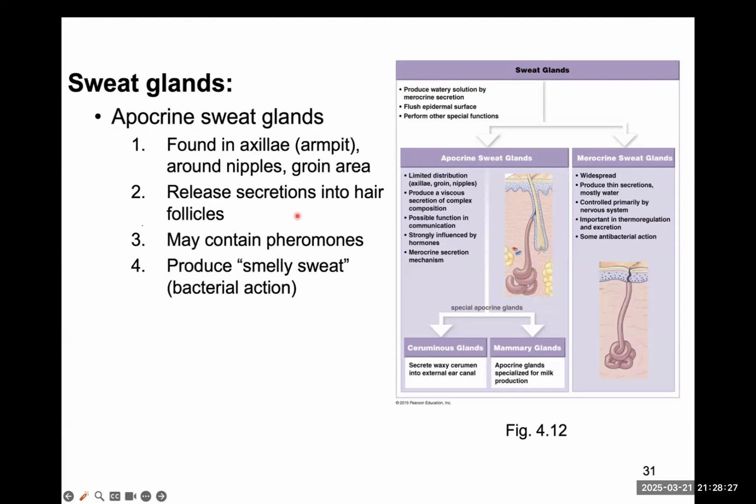So in addition to sweat, some people produce smelly sweat, and they have BO. BO stands for body odor. You know what that means, body odor.